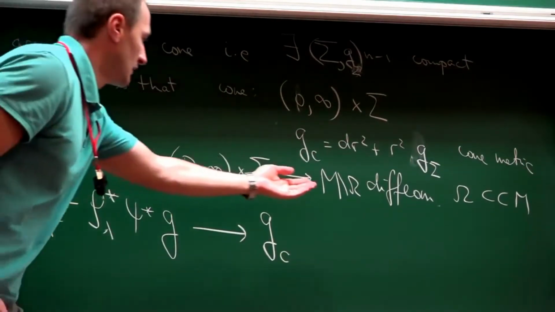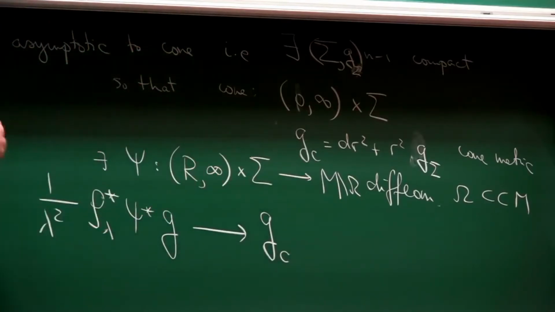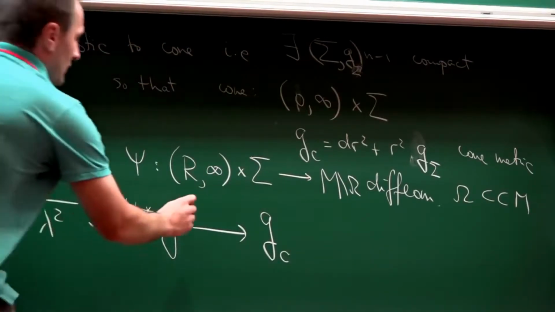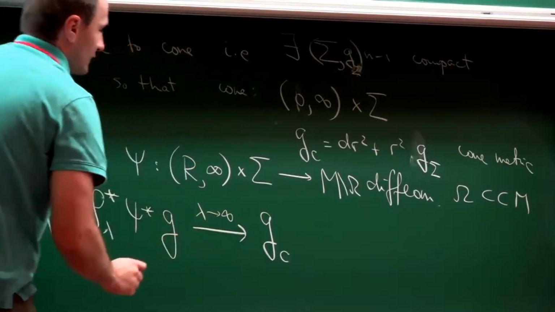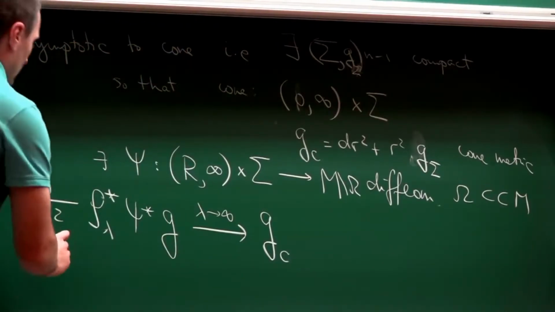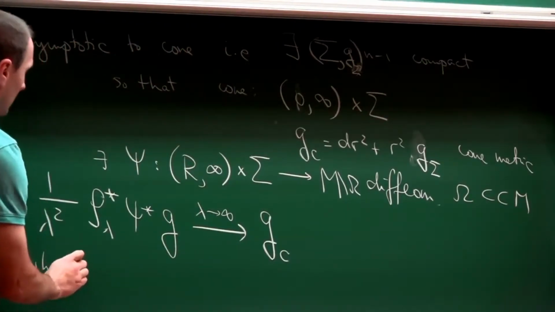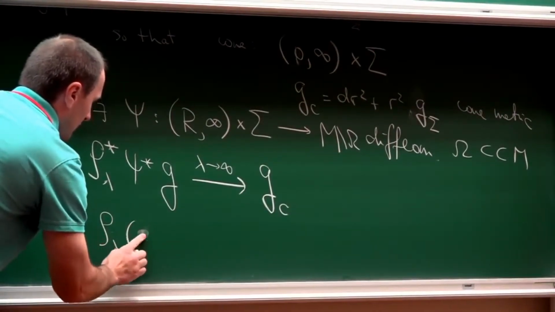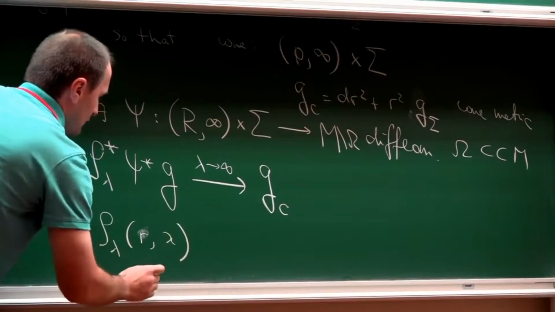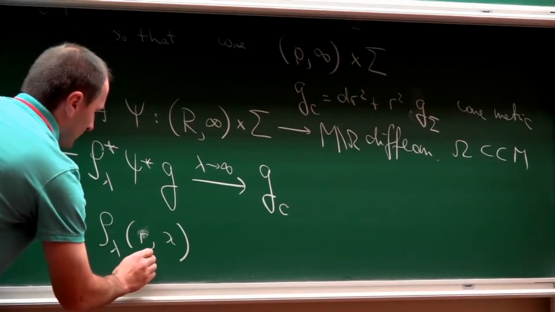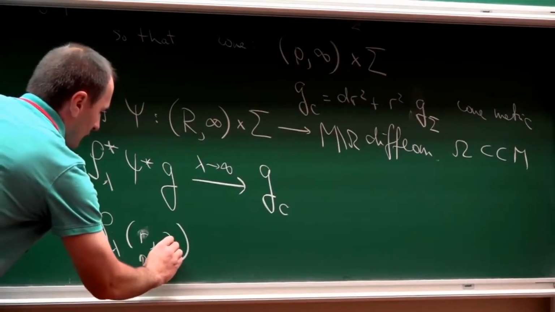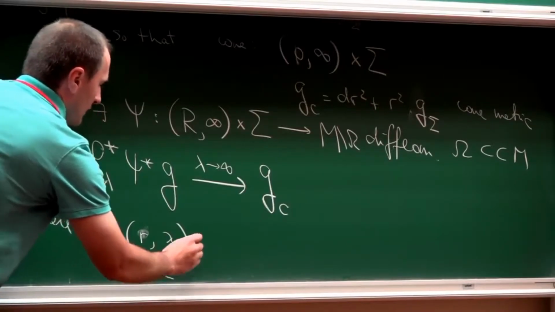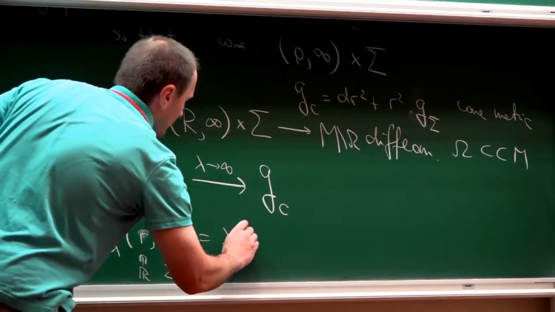So I pull back this one here, I rescale it, I go to infinity, and as lambda goes to infinity, this converges to the cone metric, where I need to specify what rho lambda is. So for this in R and for this in Sigma, this is just dilation.